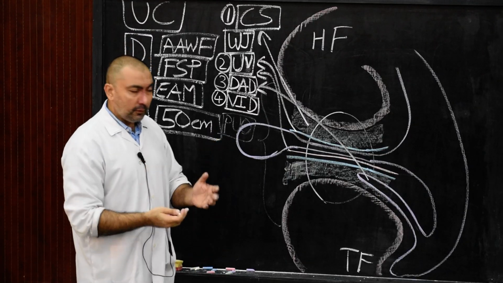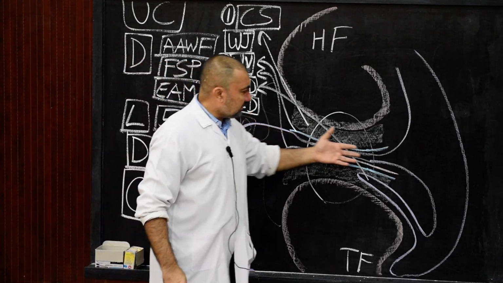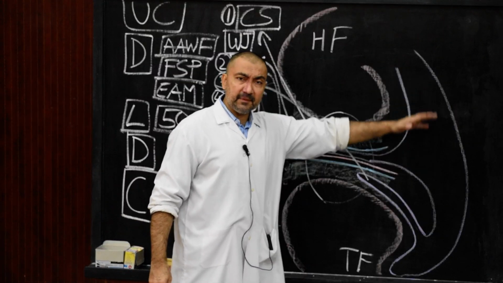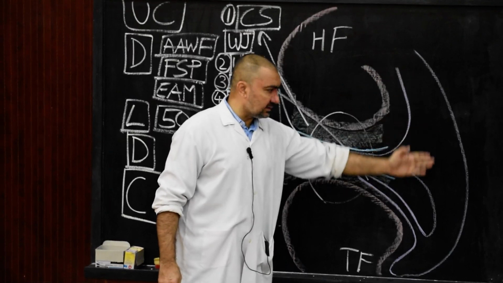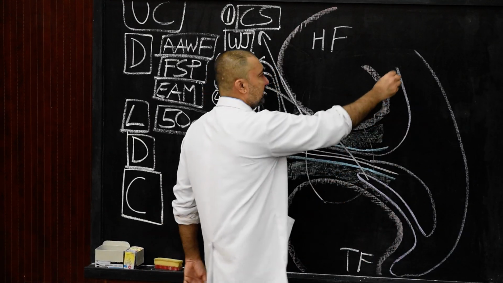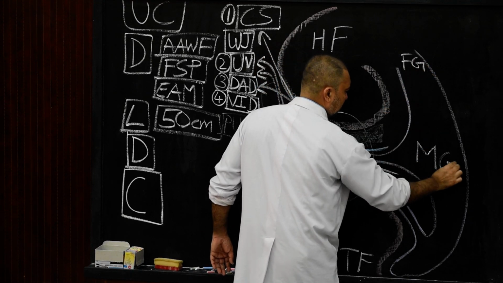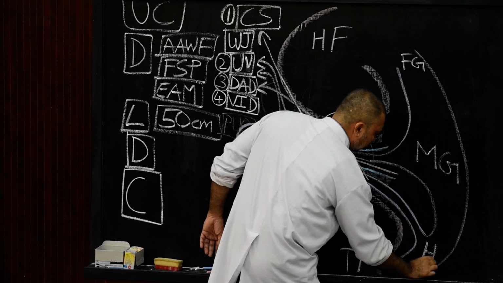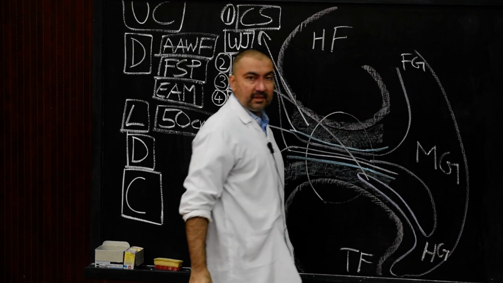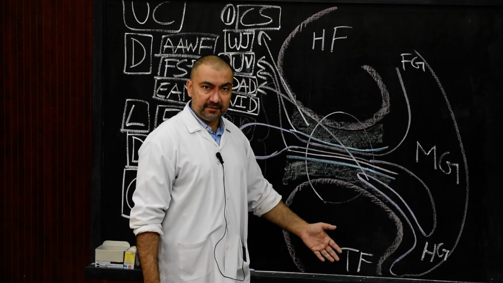We know during the folding of embryo, the yolk sac will be folded deep inside in the fold to form the entire gut tube. So this gut tube later on will be divided into foregut, this will be midgut, and this will be hindgut. We have already discussed this previously.